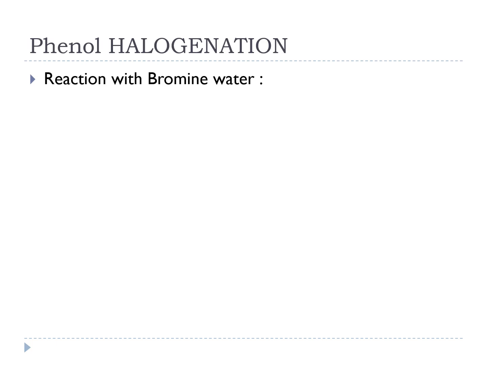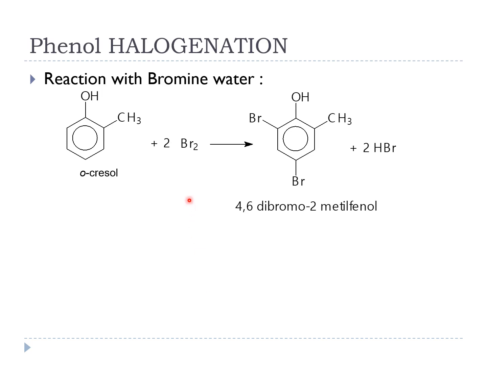Next is phenol halogenation. So reaction of phenol with bromine water will produce the bromination in all possible positions of phenol. This is a cresol, ortho-cresol, a phenol with a methyl group attached in ortho position. So there are two possible positions that can be filled.